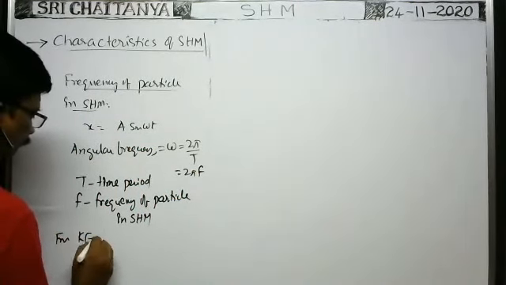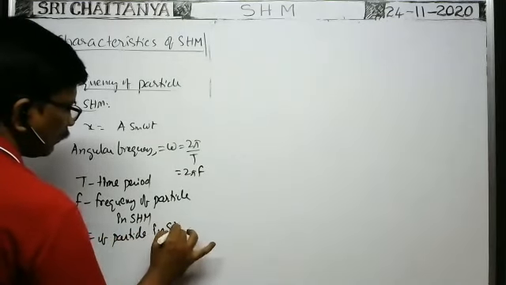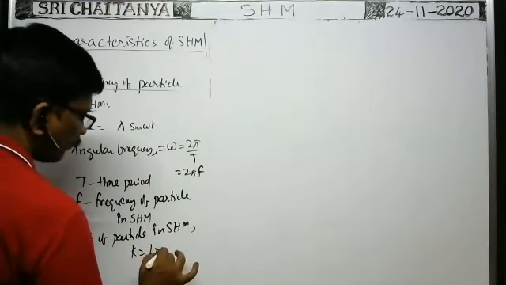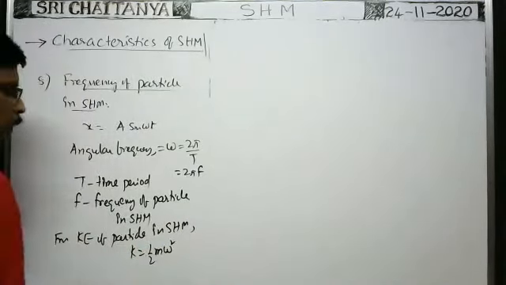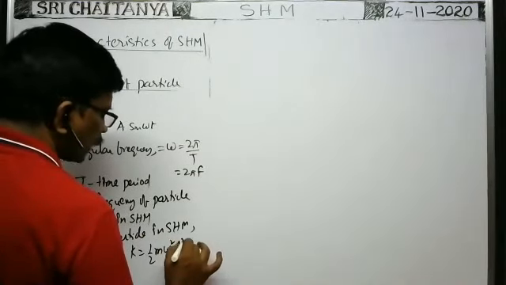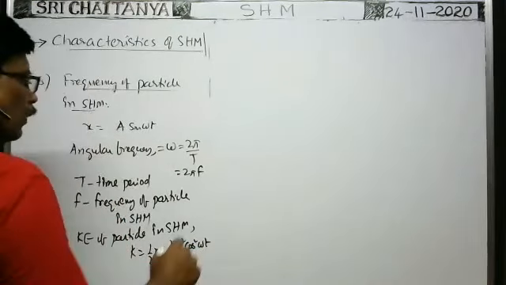From the kinetic energy of a particle in SHM, kinetic energy K is equal to half m omega square A square cos square omega t.